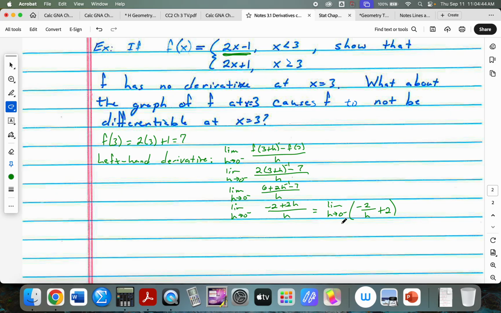It's undefined because it gets really big, right? Now, let's think about the sign of it. I'm using negative numbers near 0, and I'm dividing that into a negative 2, so that's going to be infinitely large. Plus 2, okay, fine. Add 2 more to something really enormously big. This is infinite. The left-hand derivative does not exist.